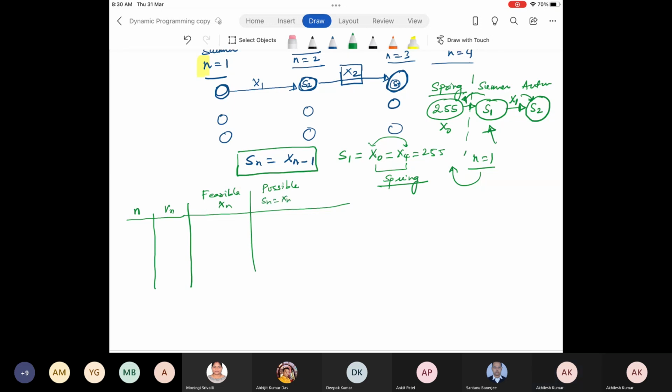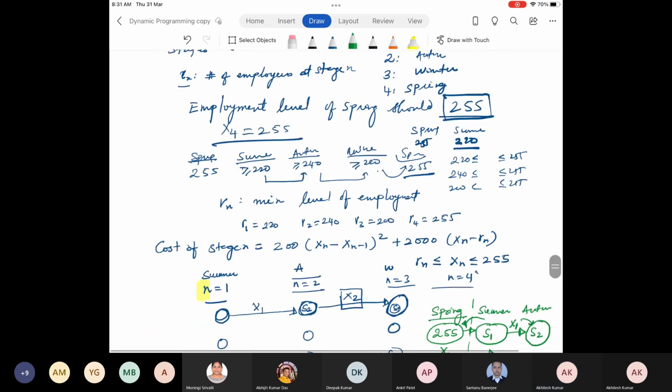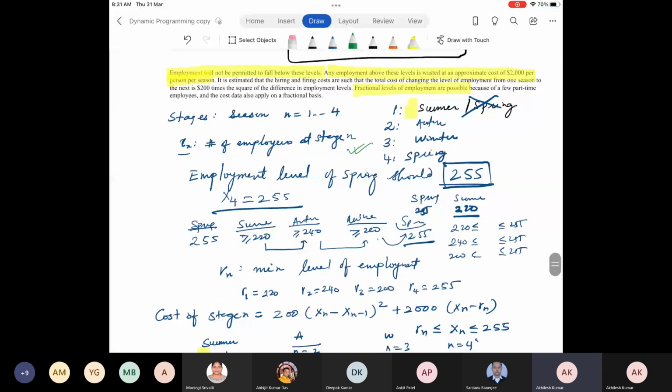Sir, I have one doubt. Is it not that Xn are the decision employees, like it is not the total employees of the spring season? It is how many you added or removed? No, it says employment level, right? Number of employees in stage n.